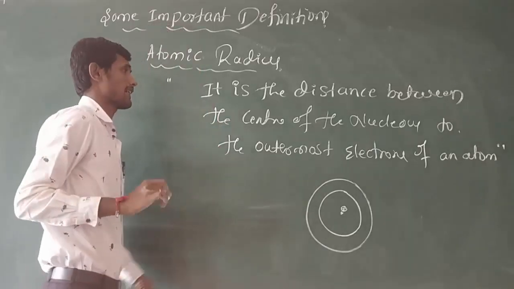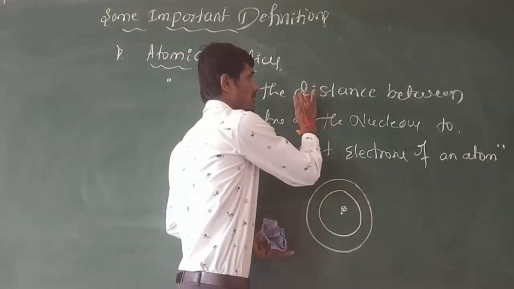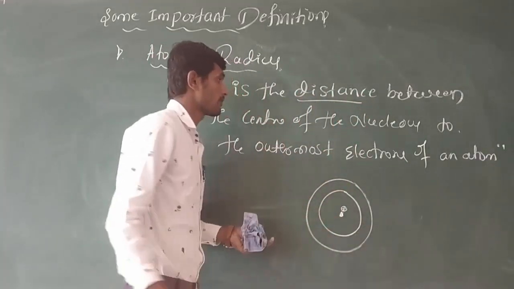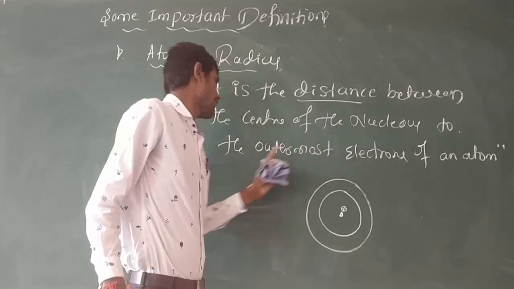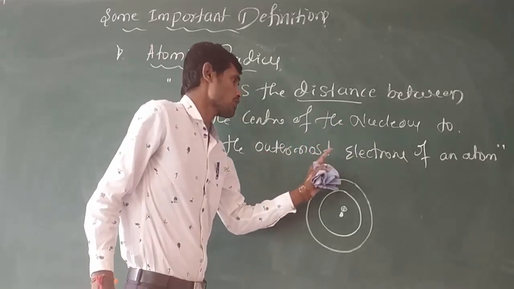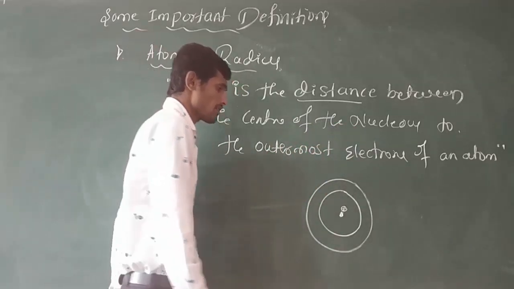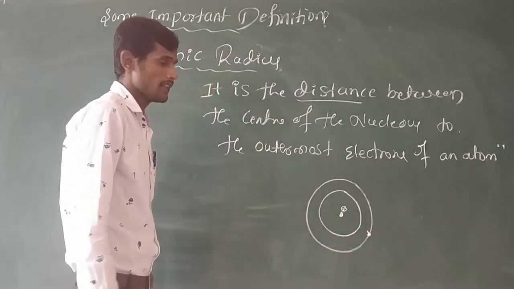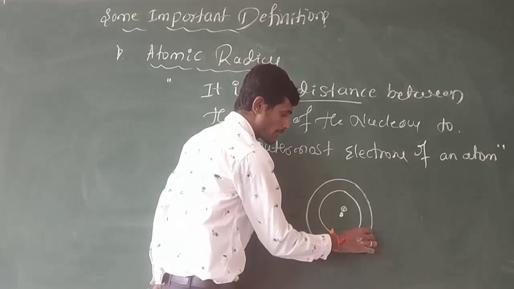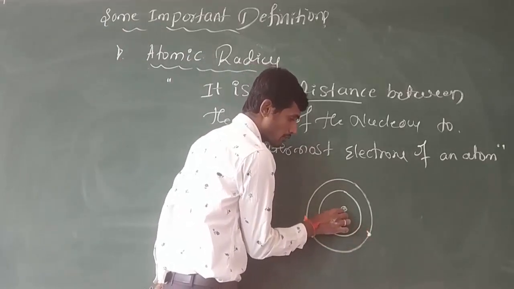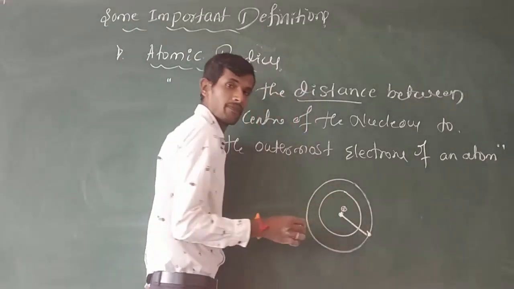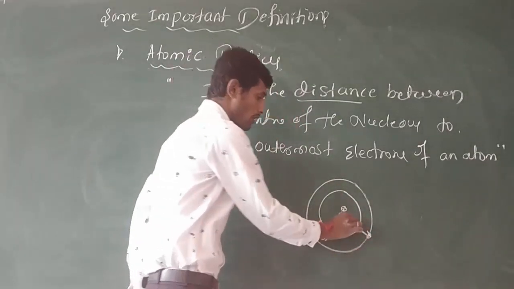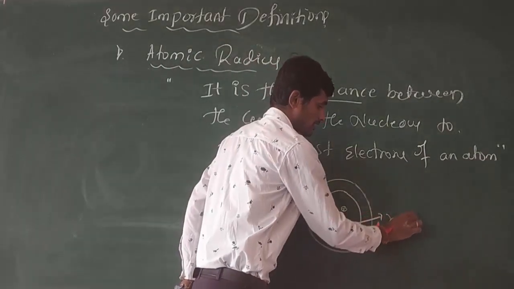It is the distance between the center of the nucleus and the outermost electron. The distance between the center of the nucleus and the outermost electron is called radius.